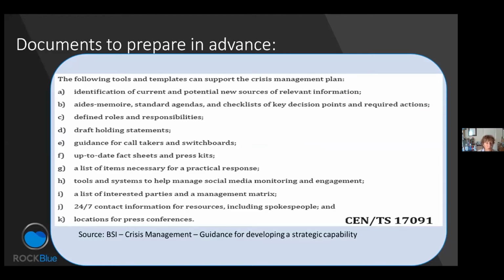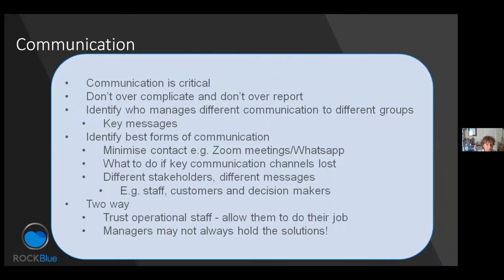You may want to issue statements to customers. You may have problems of water supply, so you need to have all that available. You may want a list of all the items you're going to hand to people. And you may want to have a list of who will speak to press or design social media messages.